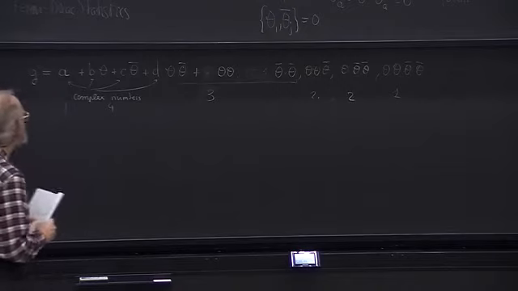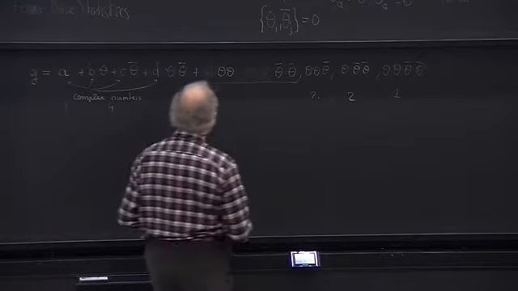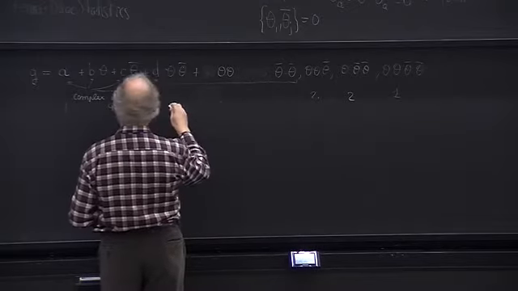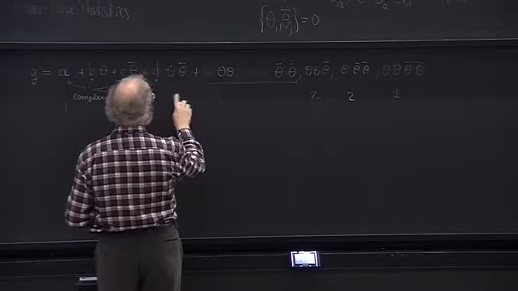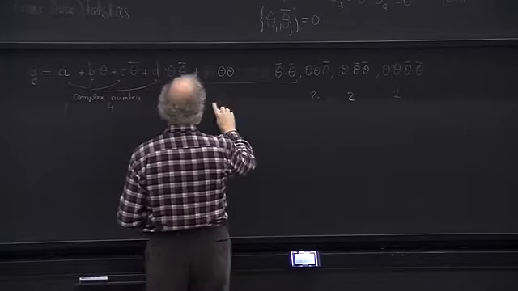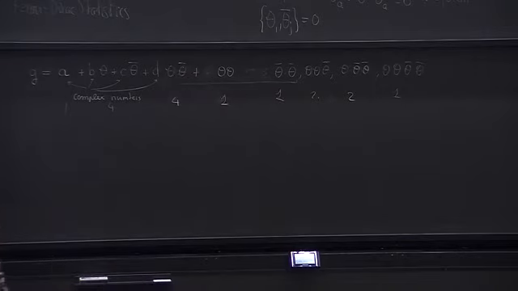I'm in trouble. Did I make a mistake? Theta bar, there's 4 possibilities. Oh, yes. Theta bar is 4. So 4 plus 2, so these are 4 possibilities. And here you have 1, and you have 1 possibility. Okay, good.